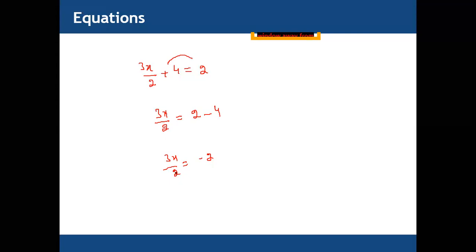If you want to cancel 2, this is division, so you need to multiply both sides by 2. 2 cancels with 2, we have 3x equal to minus 2 times 2, equal to minus 4. Now we have 3 multiplied by x. Multiplication you can cancel with division, dividing both sides by 3 because we need only x. So 3 cancels, x is equal to minus 4 over 3.